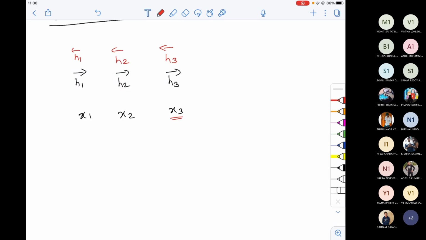Now your ht, if I want to write the equations for this, ht forward direction is basically, they traditionally use the tanh function, W ht minus 1 plus U xt plus b. If you observe, this is ht minus 1 forward direction, and all these are forward direction weights.